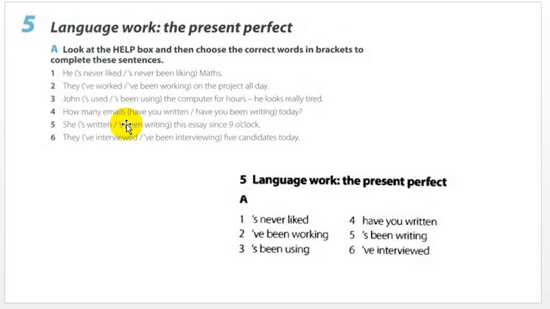John has been using the computer for hours. He looks really tired. How many emails have you written today? She has been writing this since 9 o'clock. They have interviewed 5 candidates today. Okay.